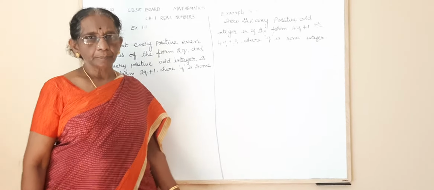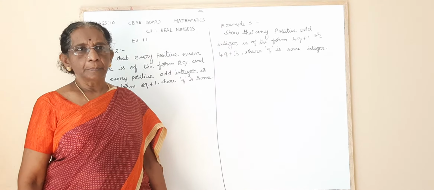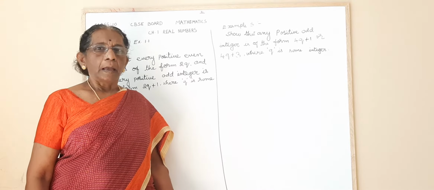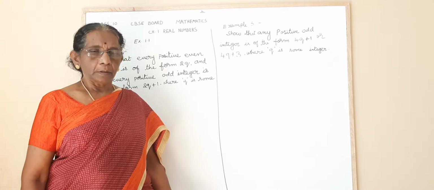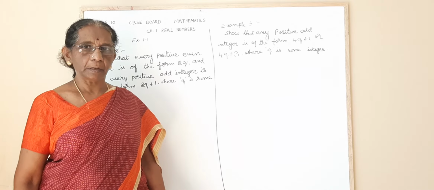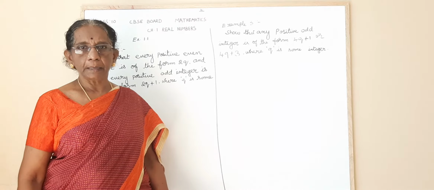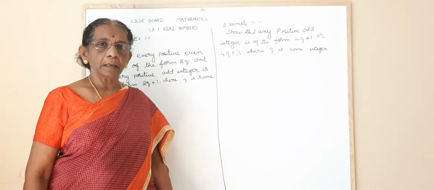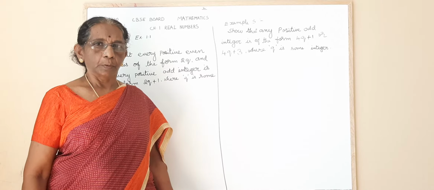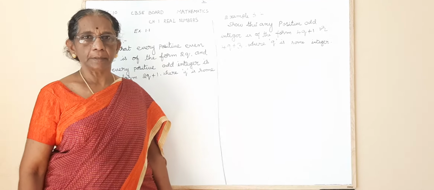We'll continue the session. In the previous session, I explained what Euclid's lemma is. What are the applications of Euclid's division lemma? One is that it is used to find the HCF of the given numbers, and the other is to prove some important properties of the given positive integers.